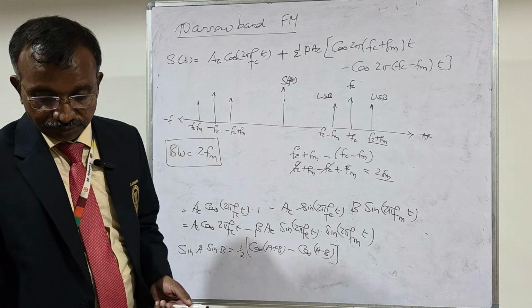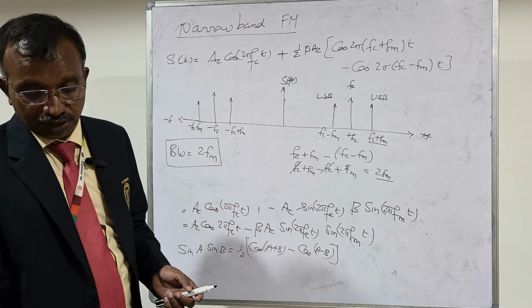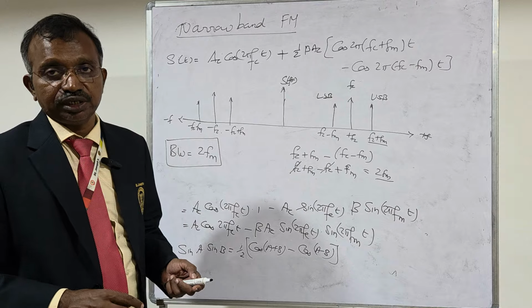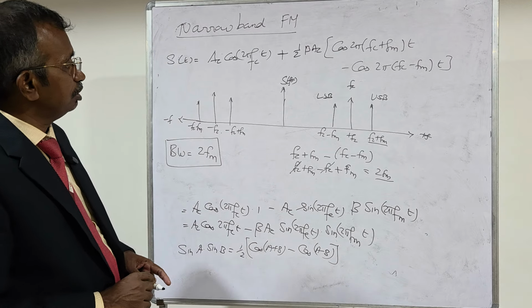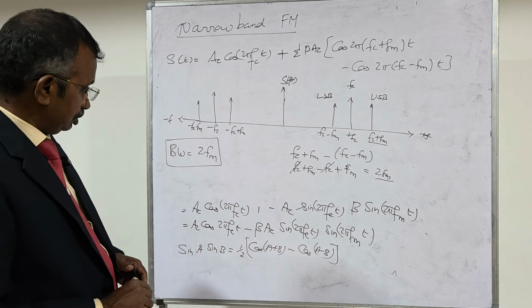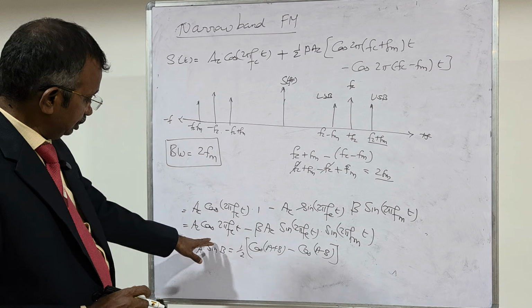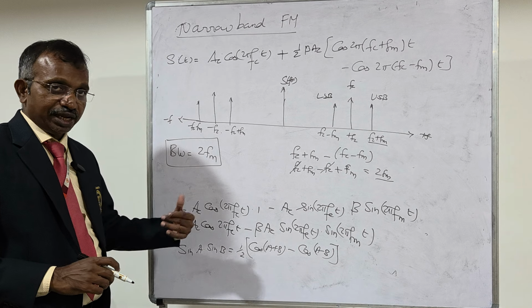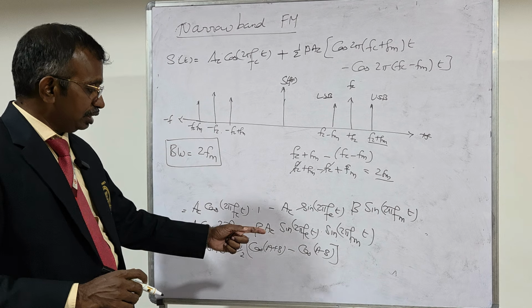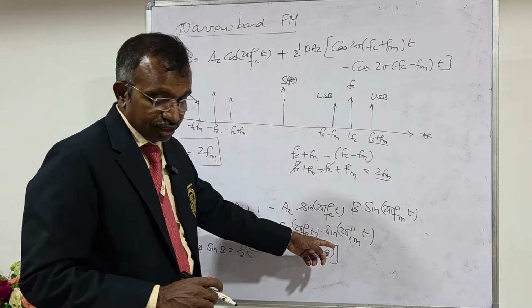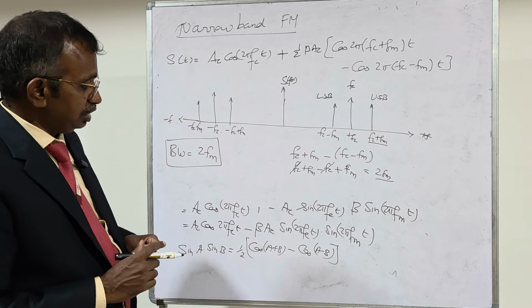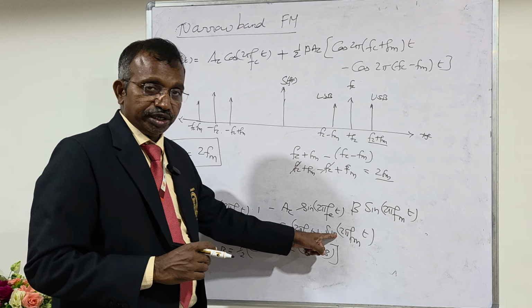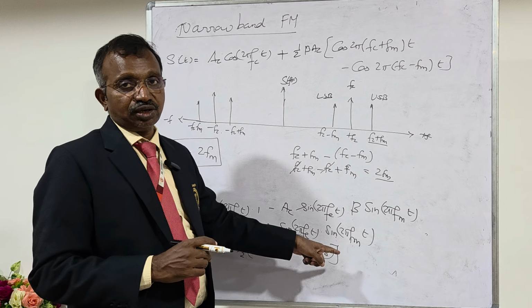So how to generate this particular narrowband FM signal? For that, you can draw the block diagram from this particular equation. So this Ac cos 2π fc t is the unmodulated carrier, so directly we are taking the carrier, and this is sine 2π fm t. I have taken the message signal as cos 2π fm t, so that I am getting this particular term by integrating the cosine term.